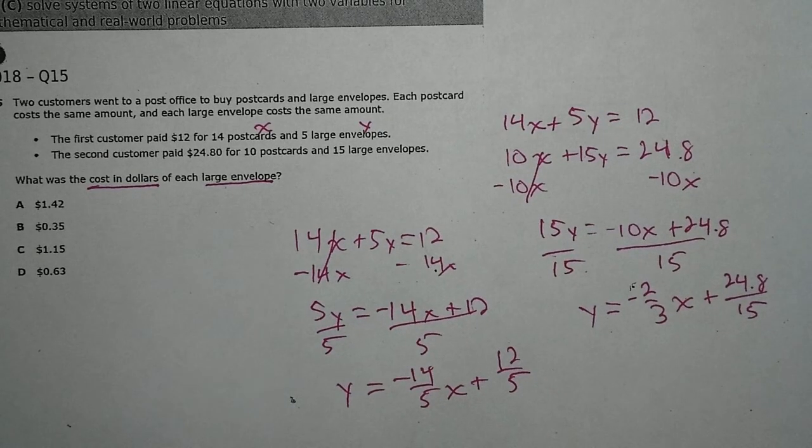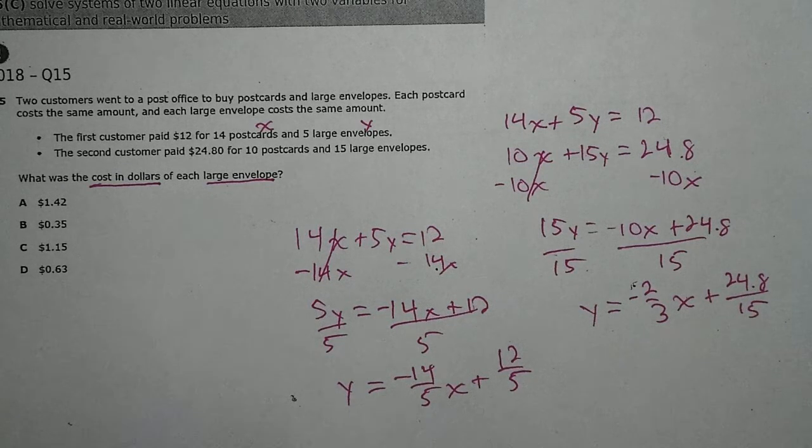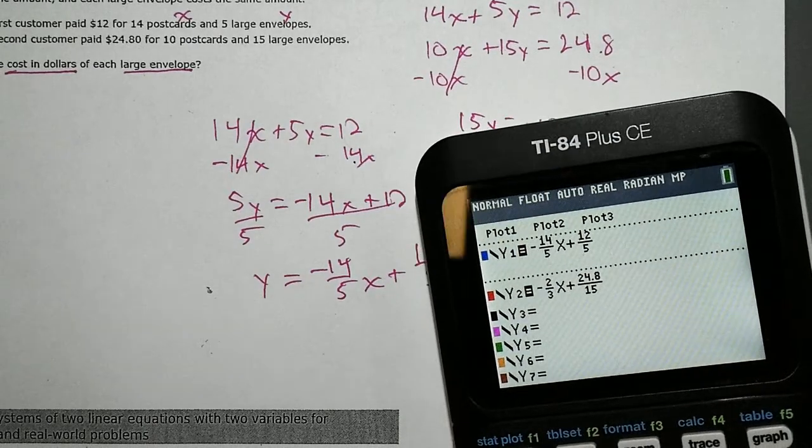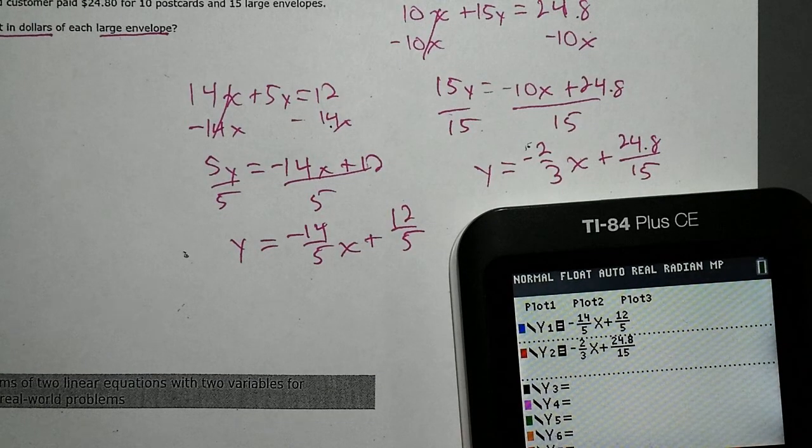I'm going to type this in exactly like that in my calculator. Once you get it in Y equals, you can go graph it. So negative 2/3 X plus 24.8 divided by 15, and then negative 14 over 5 X plus 12 over 5.